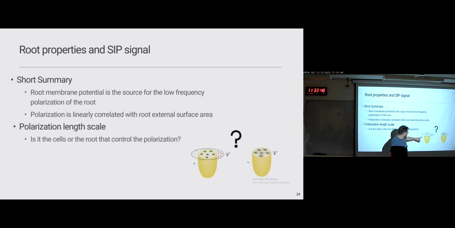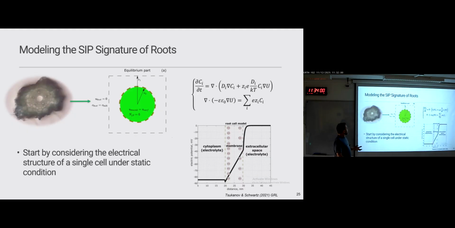Right, so again, is it the whole root that polarized, or the cells that compose it that we see? So to try to understand it, we composed a numerical simulation and model in order to model the SIP signature of the root.